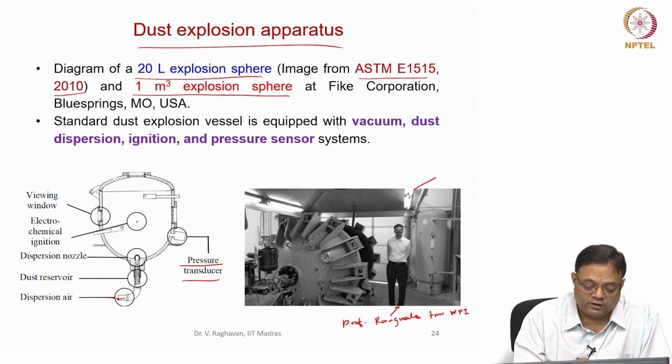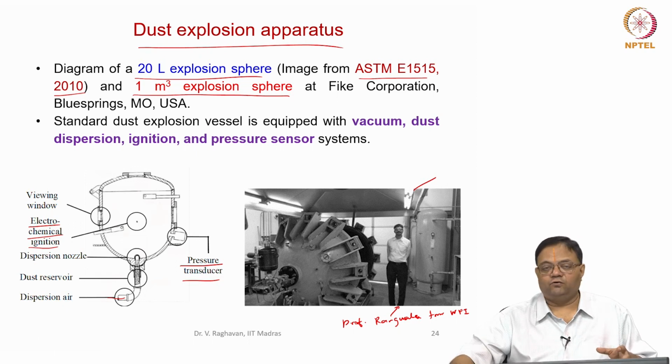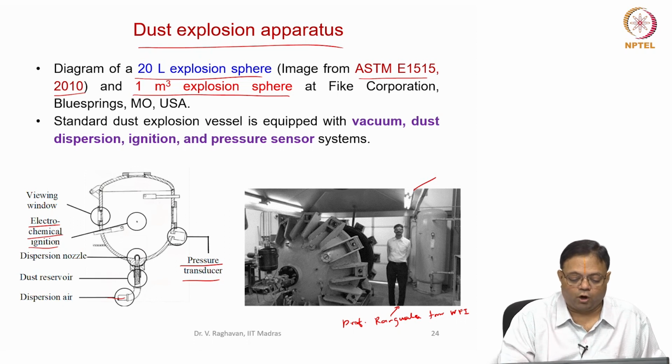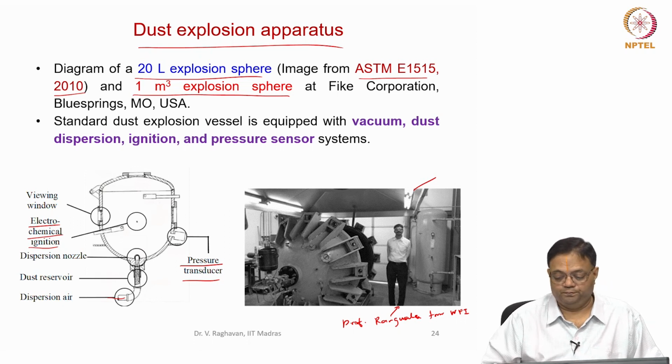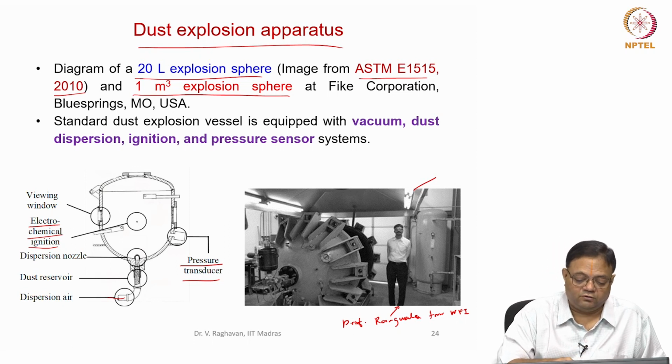Now the ignition is caused by electrochemical igniters. Once you disperse a certain volume of air impulsively, that will carry the dust and form a cloud in this particular vessel or sphere, whatever you say. Then the igniters are simultaneously turned on to cause ignition.